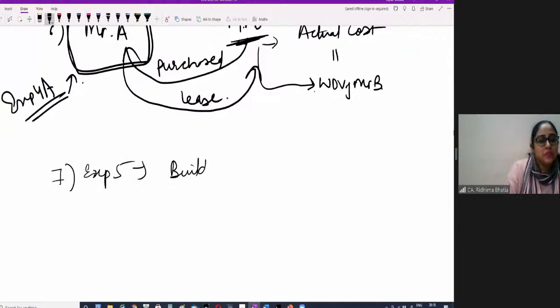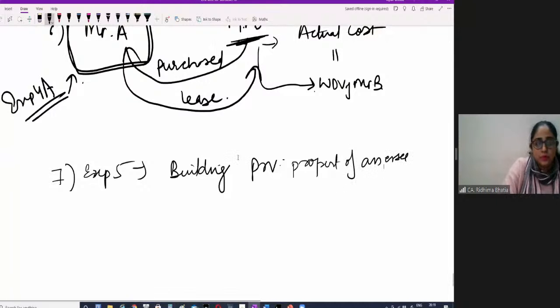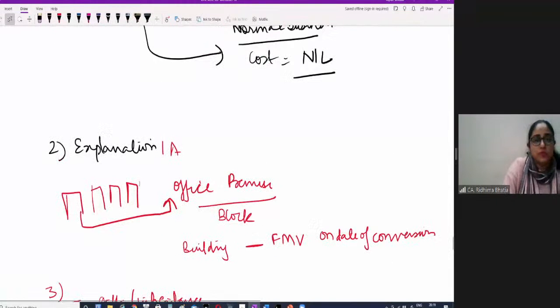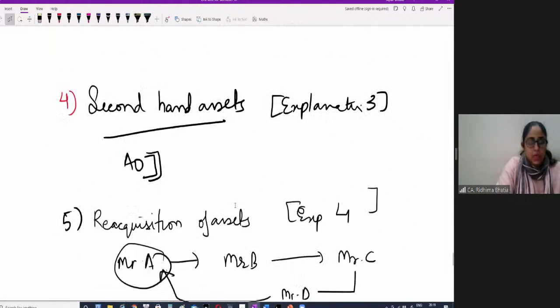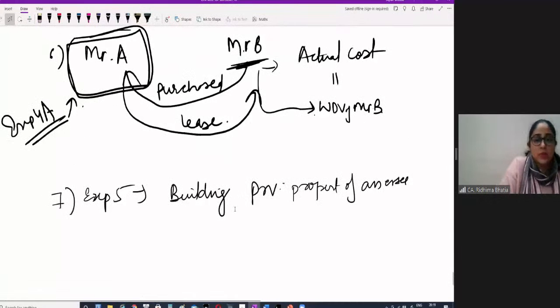Building previously property of the assessee. Now, the second thing which we discussed was when your stock in trade was getting converted into a capital asset of business. Now, here is when your personal asset is getting converted into a capital asset of business, and that too only a building.